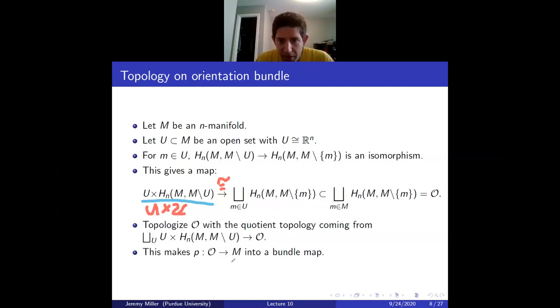So then this makes this whole thing into a bundle of abelian groups, or a bundle of groups where the fibers happen to be abelian groups.